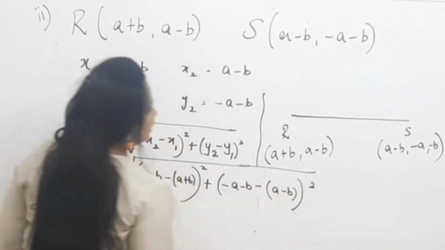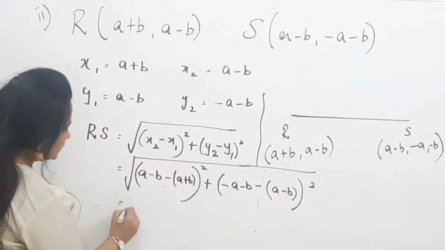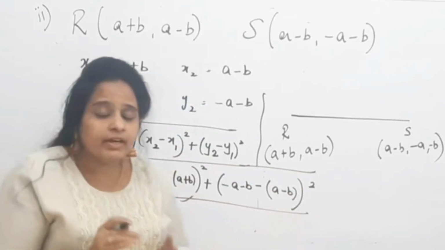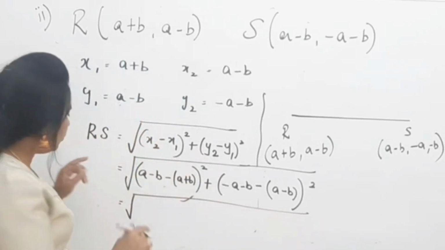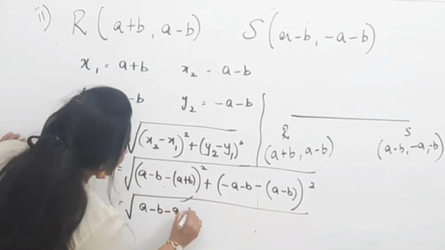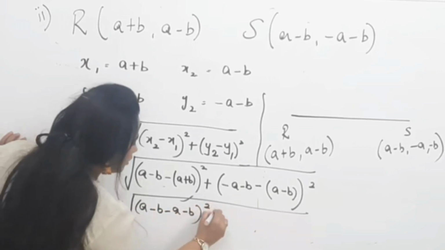Hope everyone understands this part. So that's equal to, I'm going to simplify first what is given in the square root. So I would remove my bracket inside the square root.